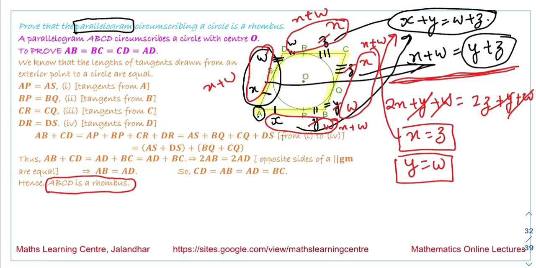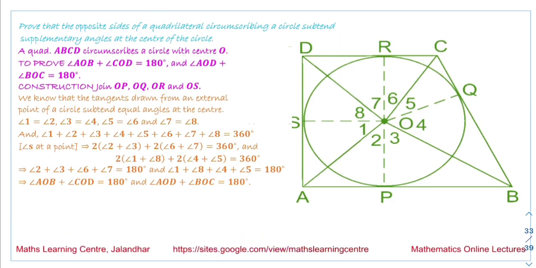Now next we have to prove that the opposite sides of a quadrilateral circumscribing a circle subtend supplementary angles at the center of the circle.